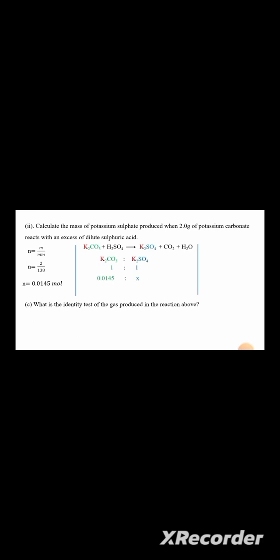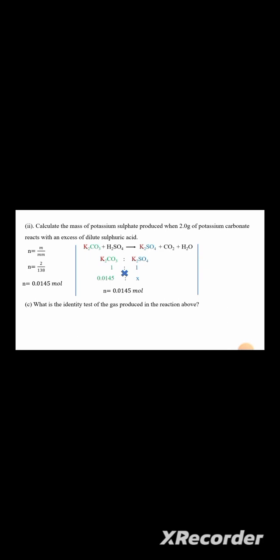Here we have this number of moles, and on the other side, we don't know the number of moles, so you say X. Then you cross multiply like that. When you perform the calculation, this is what you are going to get. The number of moles is equal to 0.0145 mole of potassium sulfate. So these moles now are for potassium sulfate.